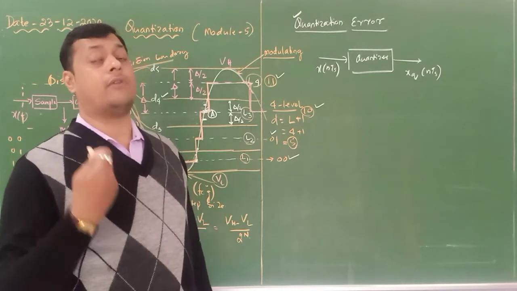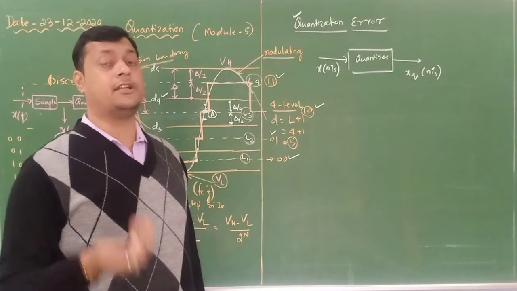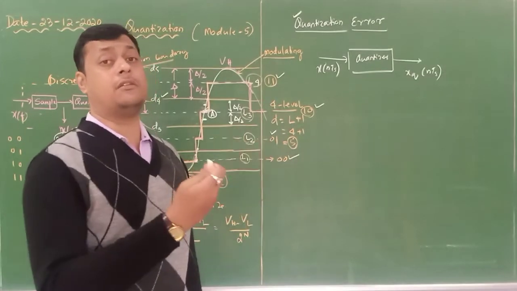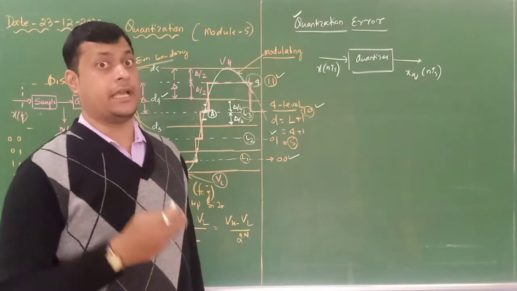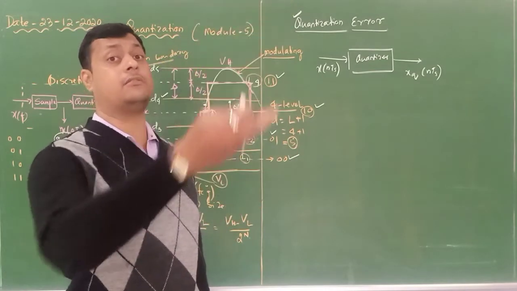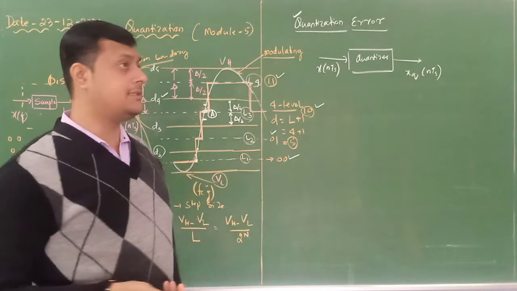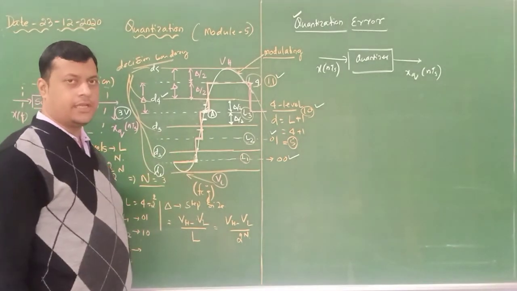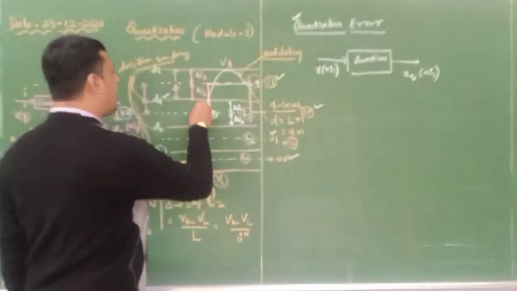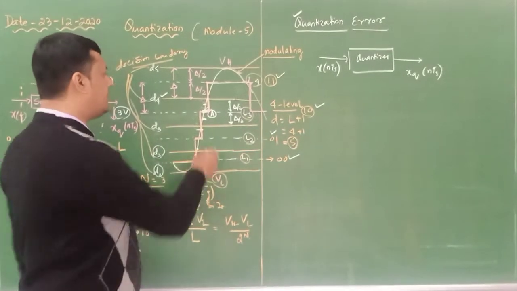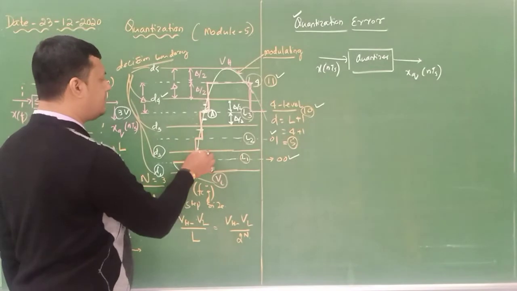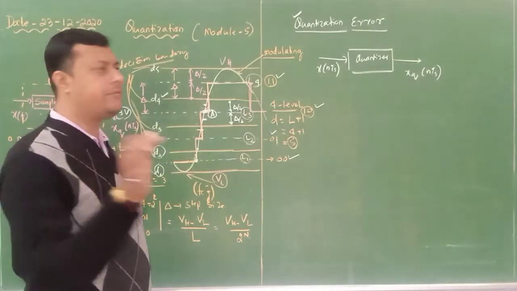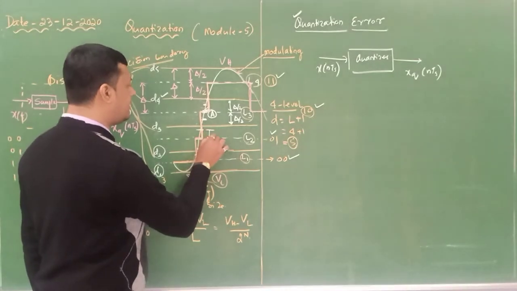My quantizer must be so efficient that whatever I give, it will quantize to the nearest value, so that the error will be less. If it rounds up to a higher value, the error will be more. For example, if my value falls in this particular region and the quantizer identifies the next level, that is L3, or it is within L2: if it falls in L2, the error is very small, because the potential difference is very small.